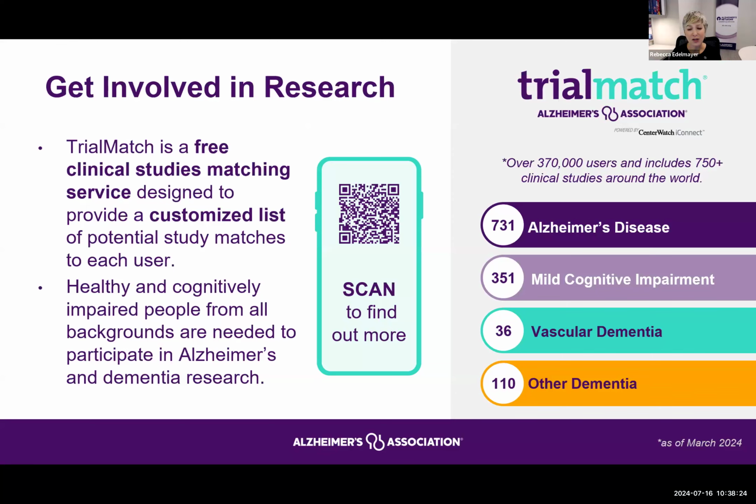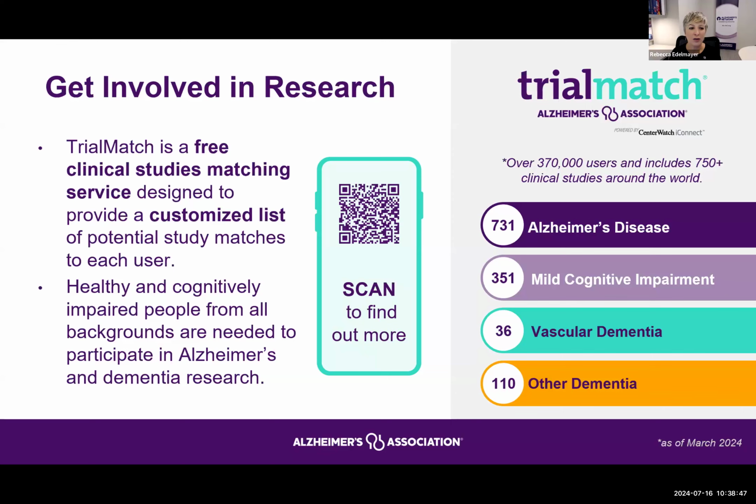There are all different types of studies, those for Alzheimer's disease, vascular disease, frontotemporal disease, Lewy body dementia, other types of dementia, mild cognitive impairment. There are trials focused on nutrition, exercise, developing new blood tests, and care. You could even be a caregiver participating in a research study.